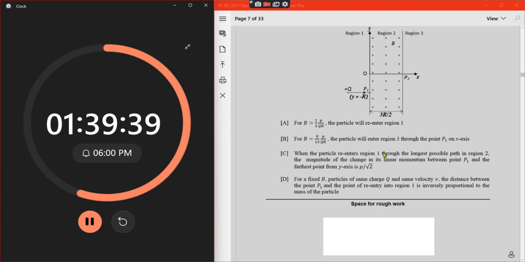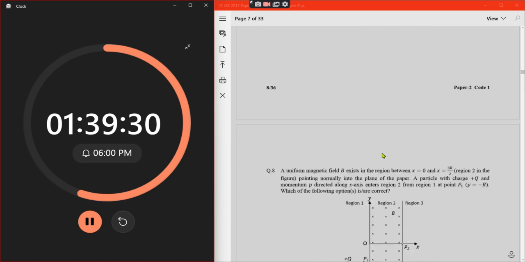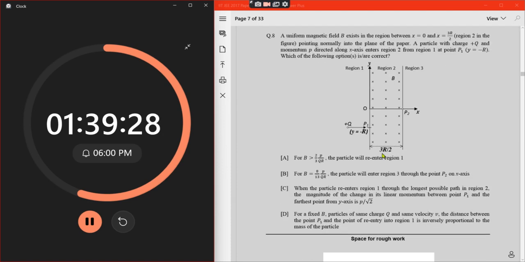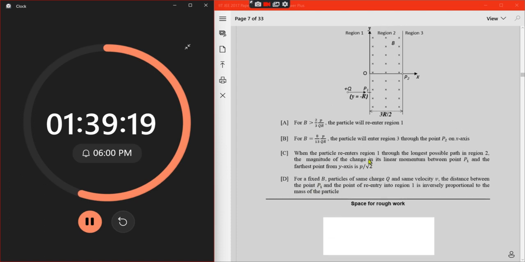That's pretty obvious. For a fixed b, particles of same charge q and same velocity v, the distance between the point p1 and the point of re-entry into region 1 is inversely proportional to the mass of the particle.